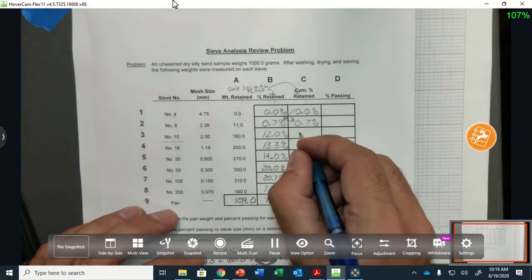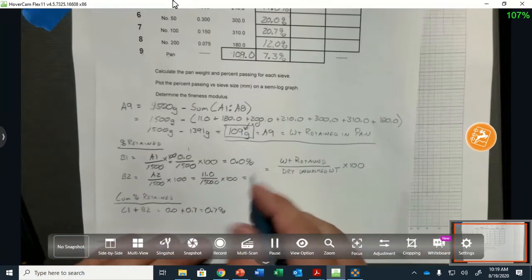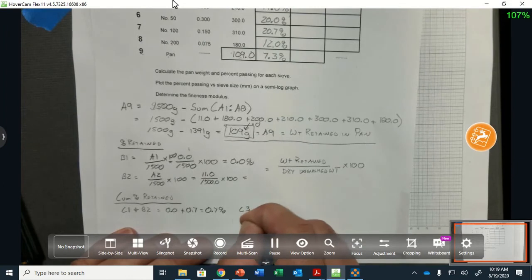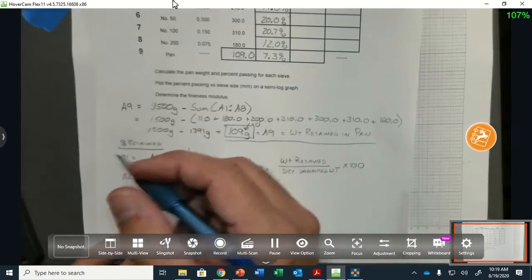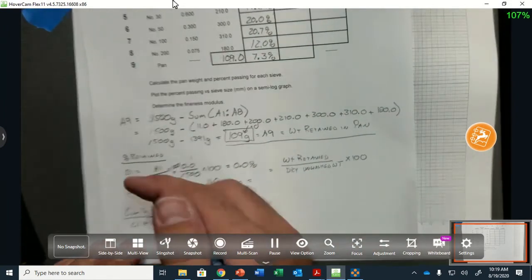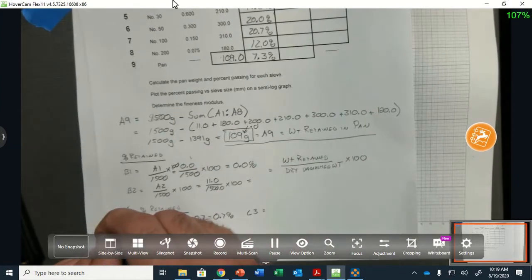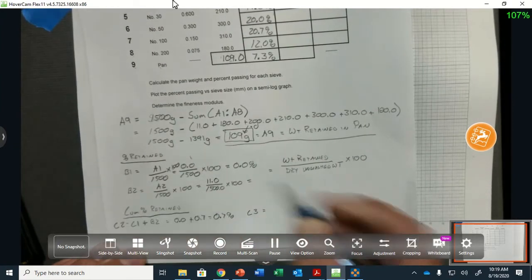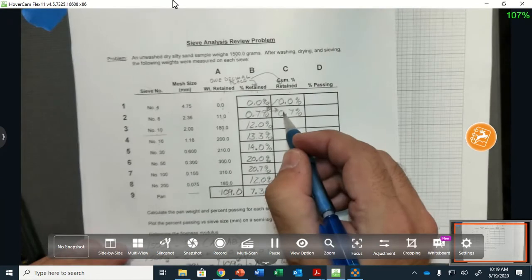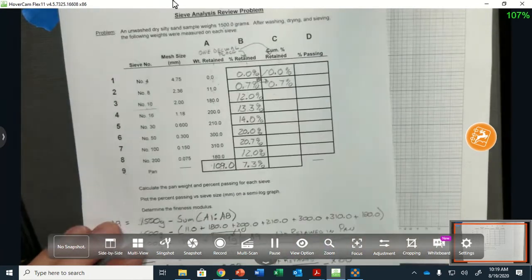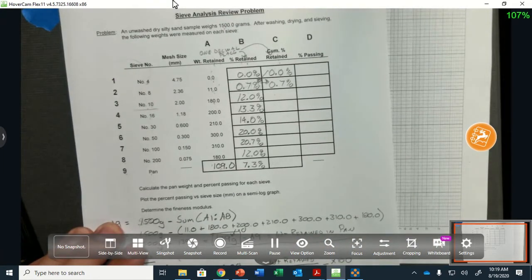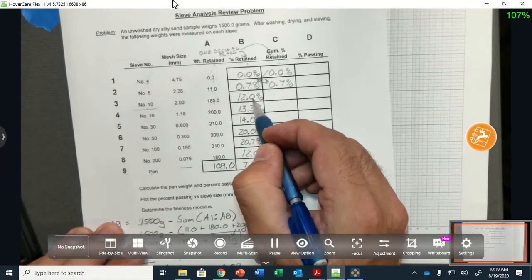Now to calculate C3, so this is C2. So C3 is I'm going to take C2 plus the next sieve.